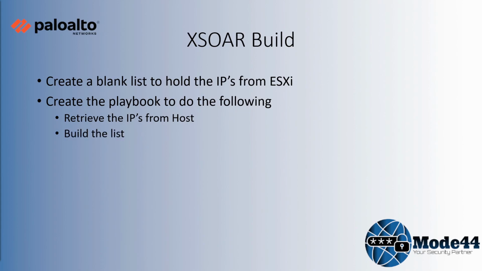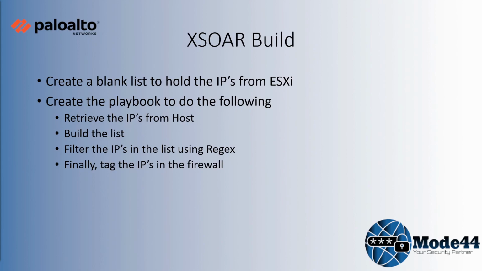Build that list, so populate the list we've already created, and filter the IPs in the list using regex to get out the IPs that we want. So they'll all come in a big long list, and we obviously only want to tag certain IP ranges to certain tags. And then finally tag the IPs in the firewall, and missing from here, of course, is then close the incident, because we don't want loads of incidents building up in XSOAR.